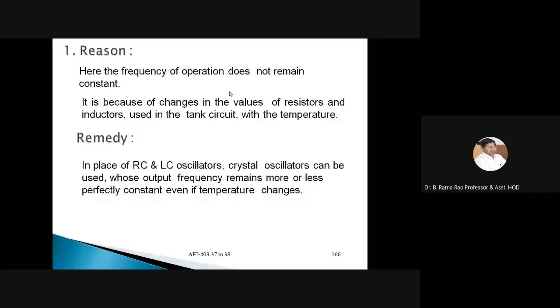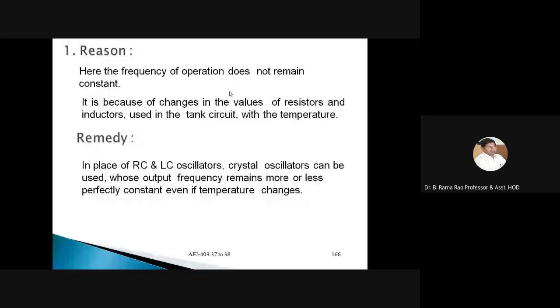The tank circuit of an oscillator is made up of resistors, inductors and capacitors. These elements change their values with temperature.